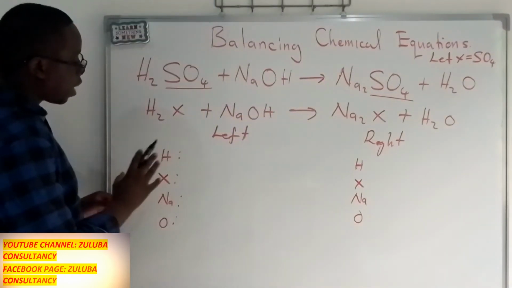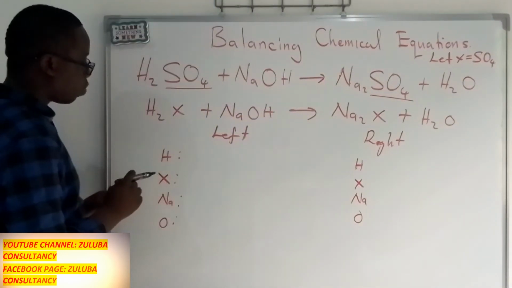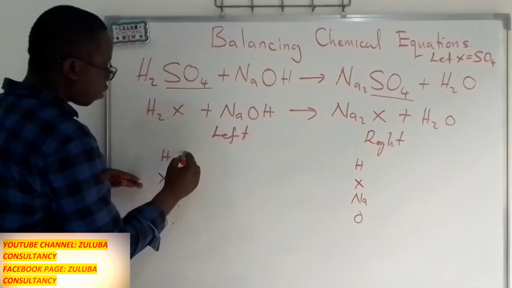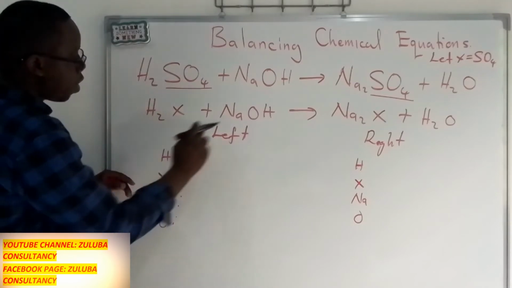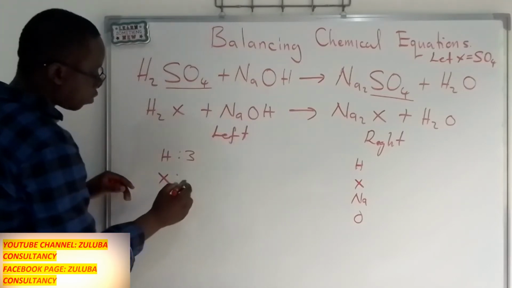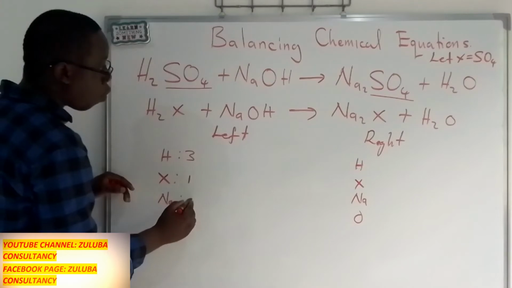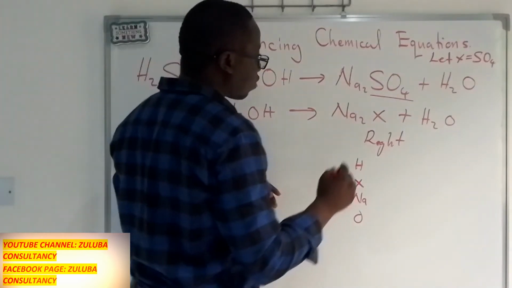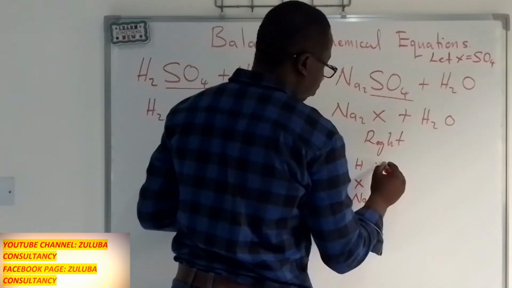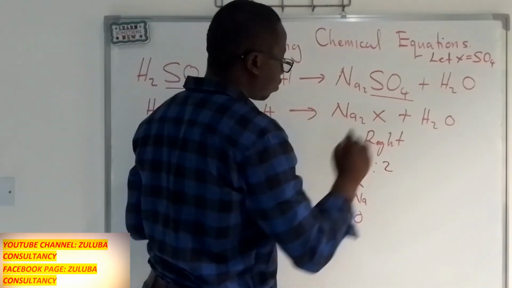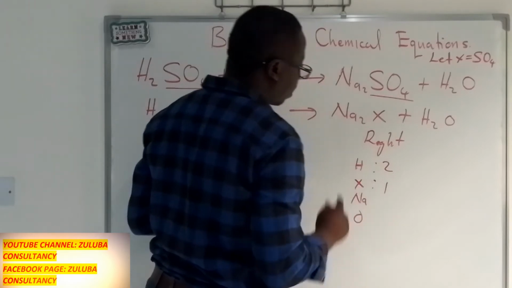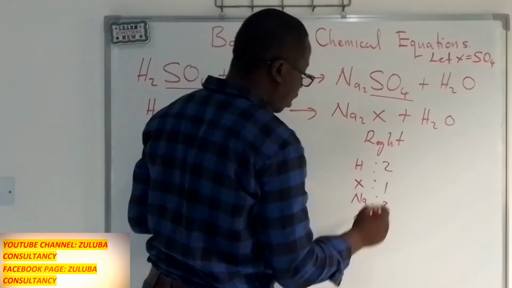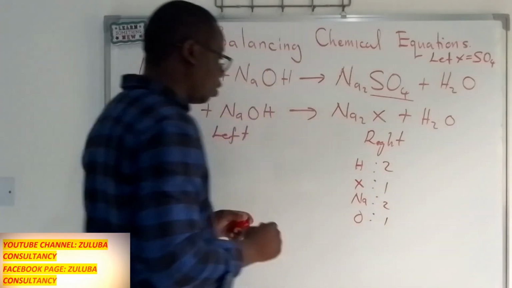So you now assign numbers to each atom. You notice that we have 2 and 1 here, that is 3 hydrogens. We have 1 X, we have 1 sodium and 1 oxygen. This other side, we have 2 hydrogens, we have 1 X, we also have 2 sodiums and 1 oxygen.